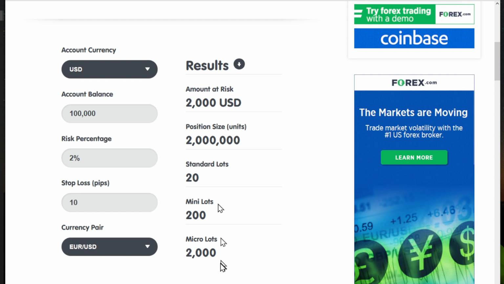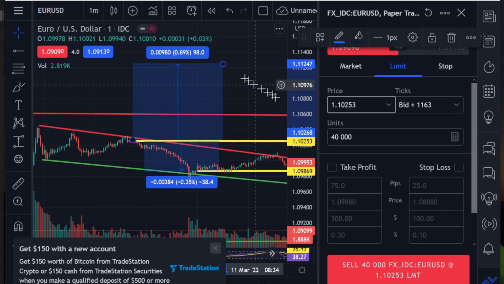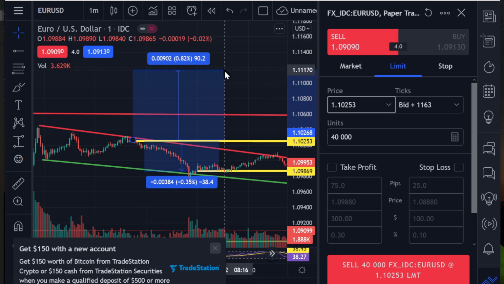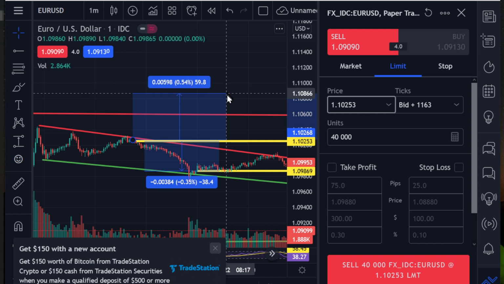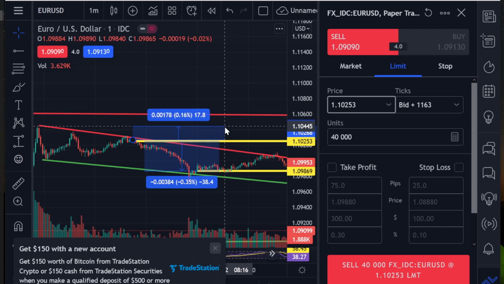So we've got these numbers here. Let's go back to our chart. So we're good with 10 pips. 10 pips would be 1.1035. So let's bring this down to 1.1035. Where are we?